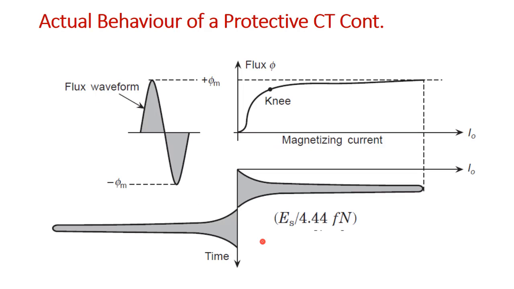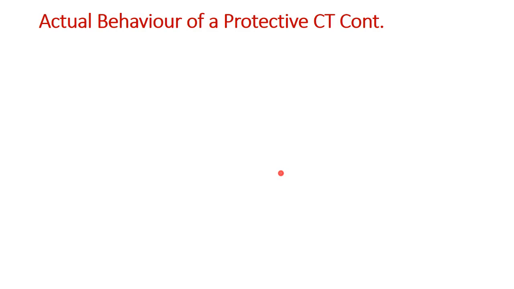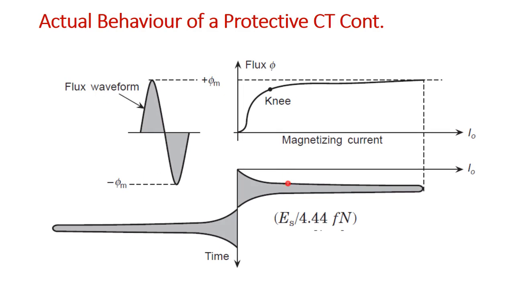So when this current is flowing, it will depend upon this ES, right? And if you see this relationship, your flux will be equal to ES by 4.44 fN, where f is the frequency and N is the number of turns.